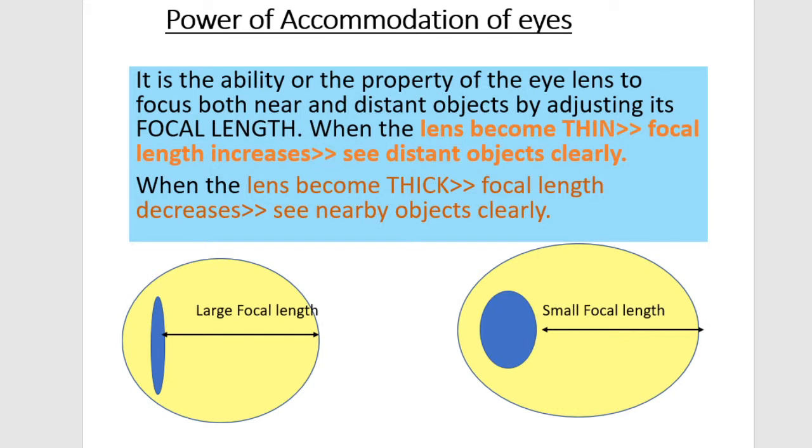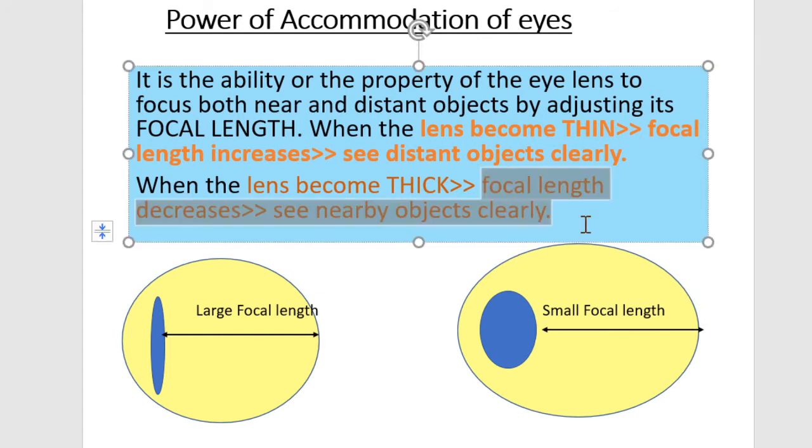We spoke about how the ciliary muscles can relax and make the lens thin, increasing the focal length and helping us to see distant objects. Also, how the ciliary muscles can contract and push the lens inside from the two ends, decreasing the focal length and helping us to see nearby objects.